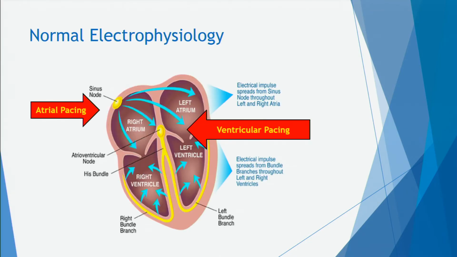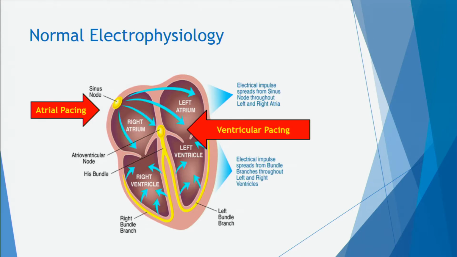This is just the normal electrophysiology. You're going to have the sinus node, which is on the atrial, that's going to generate atrial pacing, and it transmits to the AV node, which is where your ventricular pacing comes from. If you remember from that picture that I showed you of the x-ray, the pacing wire dips down into the right ventricle.